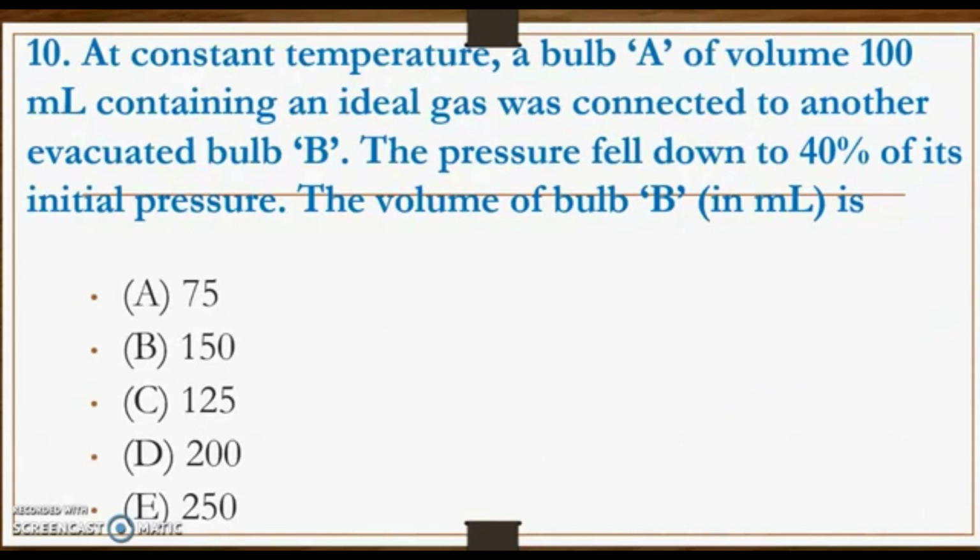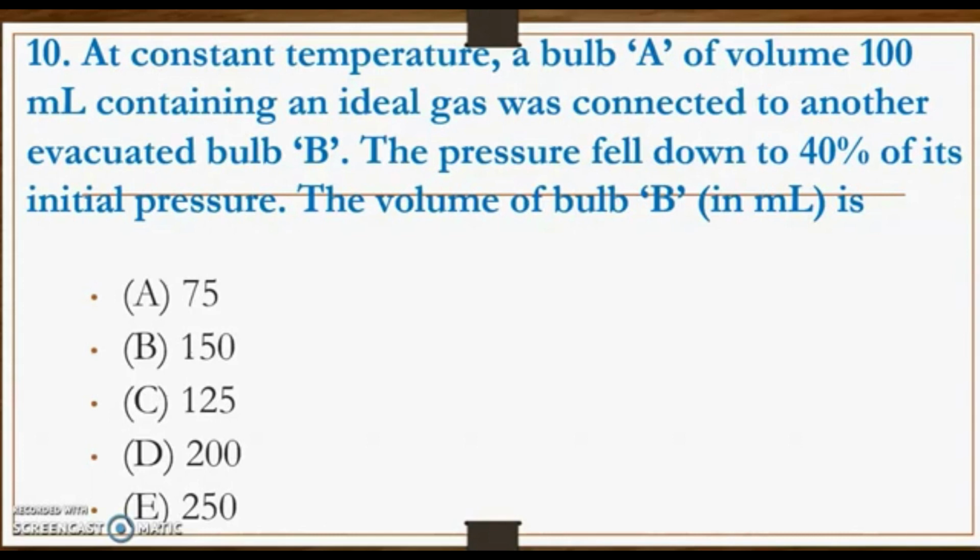At constant temperature, a bulb A of volume 100 ml containing an ideal gas is connected to another evacuated bulb B. The pressure fell down to 40% of its initial pressure. Find the volume of the bulb B. So here it is a pressure-volume relationship. That means the problem can be worked out using the formula P1 V1 is equal to P2 V2.